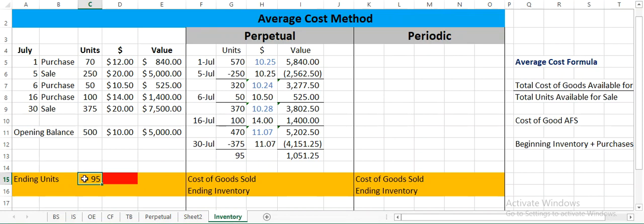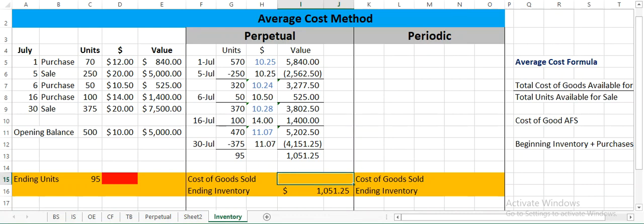So we should know that we're on the right page. By doing all of this, we calculated our ending inventory balance, because our ending units is 95 units. And the value of these 95 units based on the perpetual system is $1,051.25. That is the value of our ending inventory under the perpetual system.